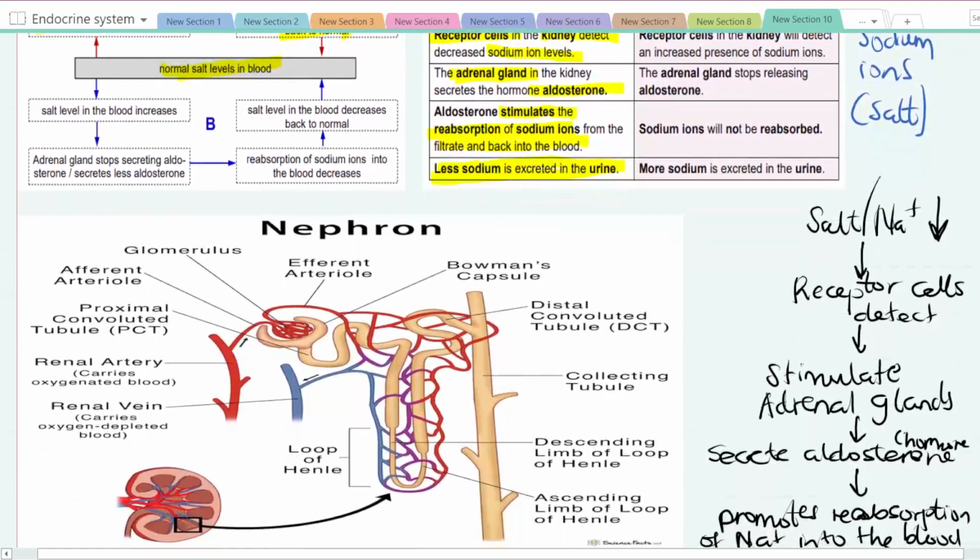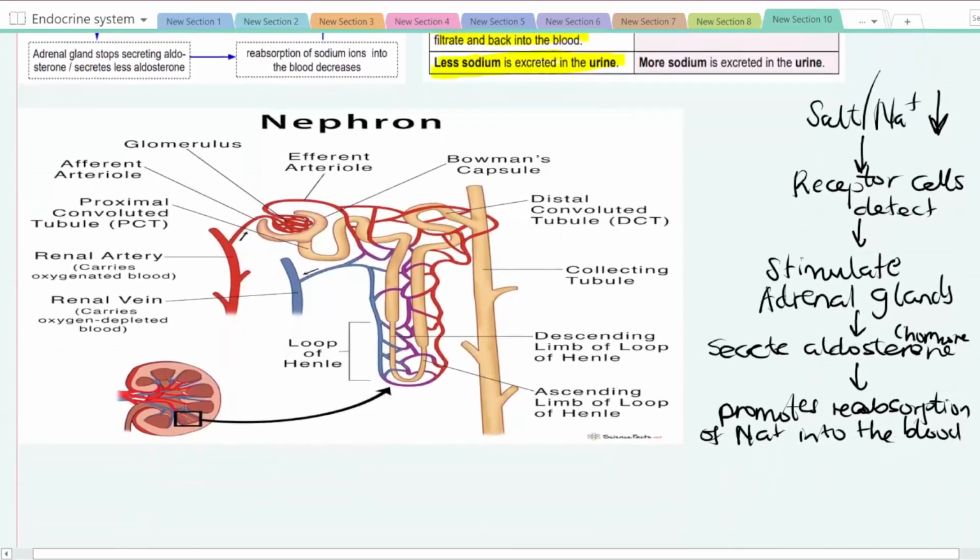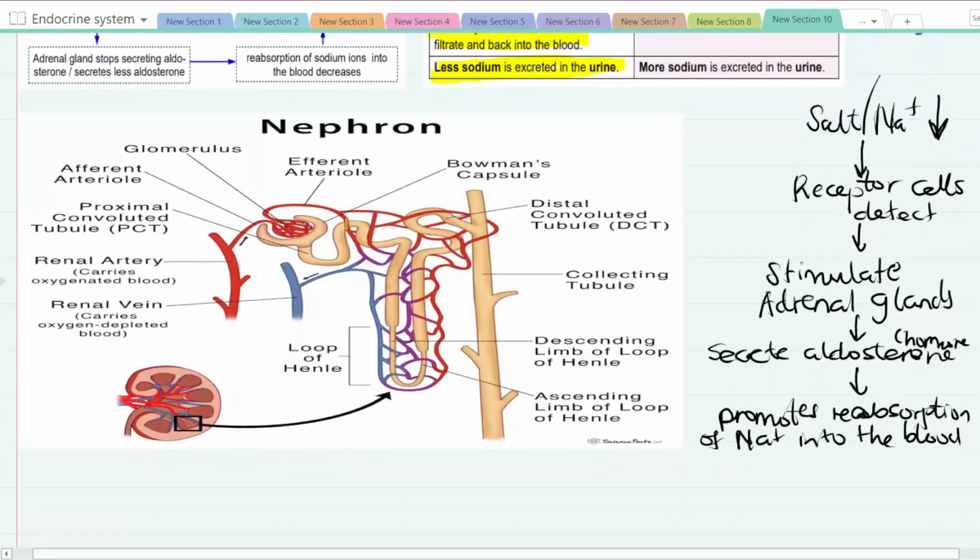So let us have a look at the nephron again, and we still have kidneys as your target organs. So what they're trying to tell us here is that, remember now, you still have your kidneys which filter out the waste products.